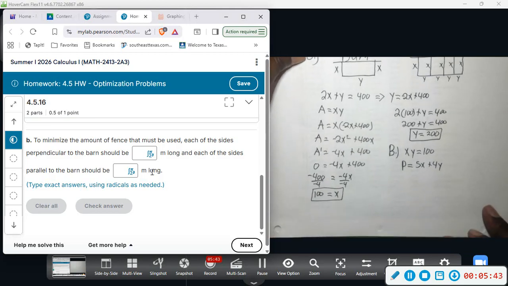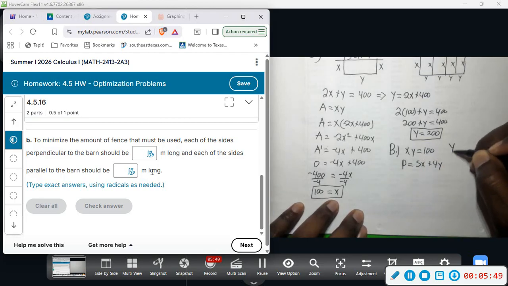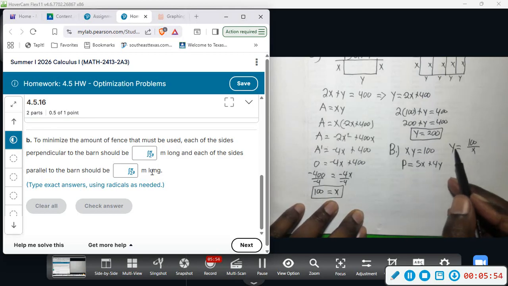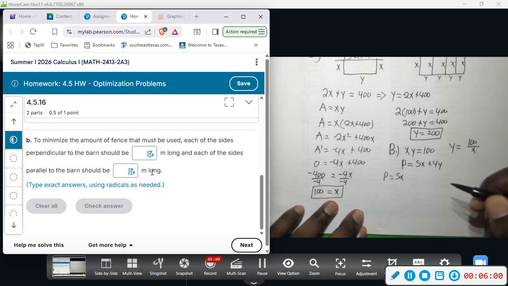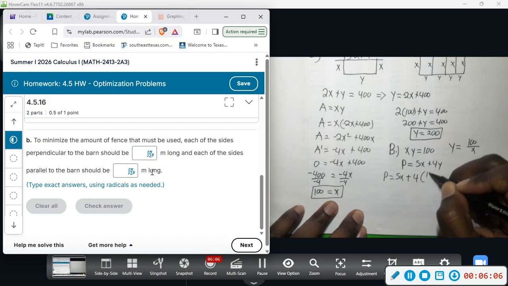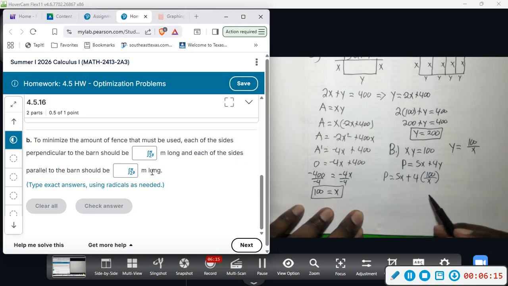All right, so what we'll need to do is, again, solve for x or y. So let's just solve for y. Y would be equal to 100 divided by x. We will plug that in for y. So we'll have P equals 5x plus 4 times 100 divided by x, which will be 400 over x. To get rid of the fraction, I'll just get a common denominator here.